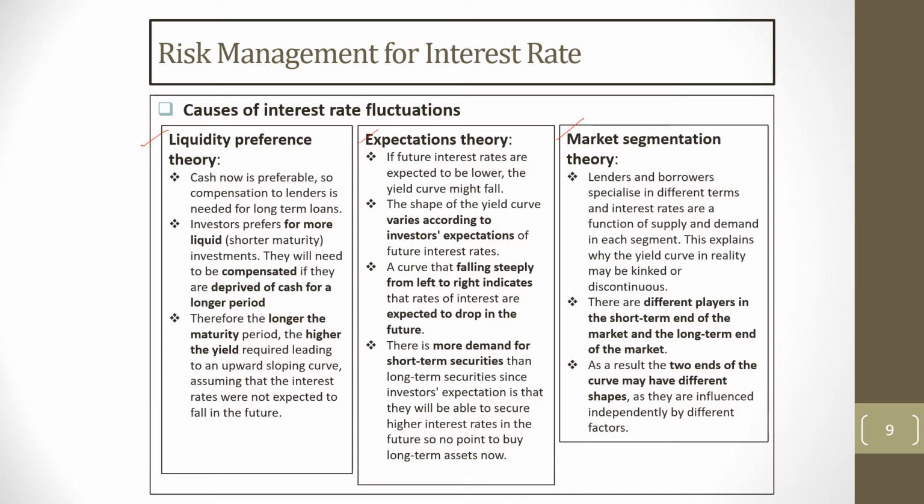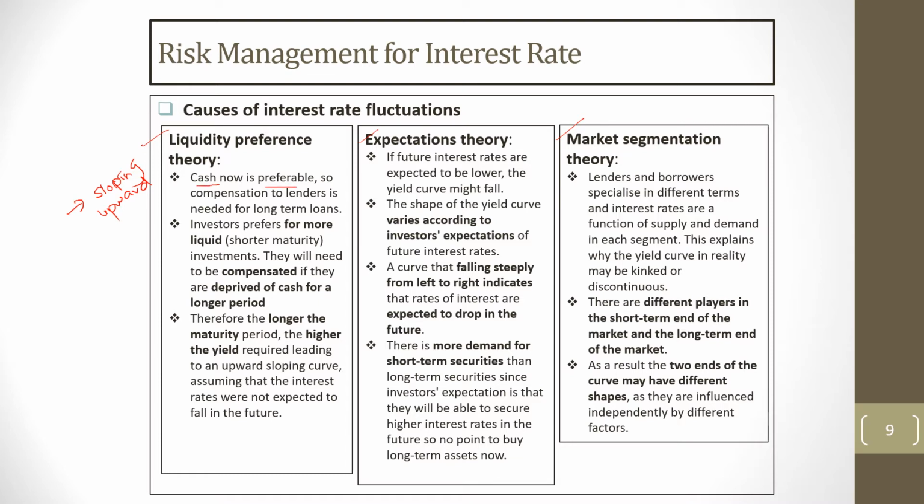Okay, so for the liquidity, kita ada nampak dia sloping upward. So you boleh tengok balik on your previous graph ataupun previous kita punya slide ni on the liquidity preference theory, which is the normal kan. So bila normal, on this time, this theory state yang the cash is preferable.